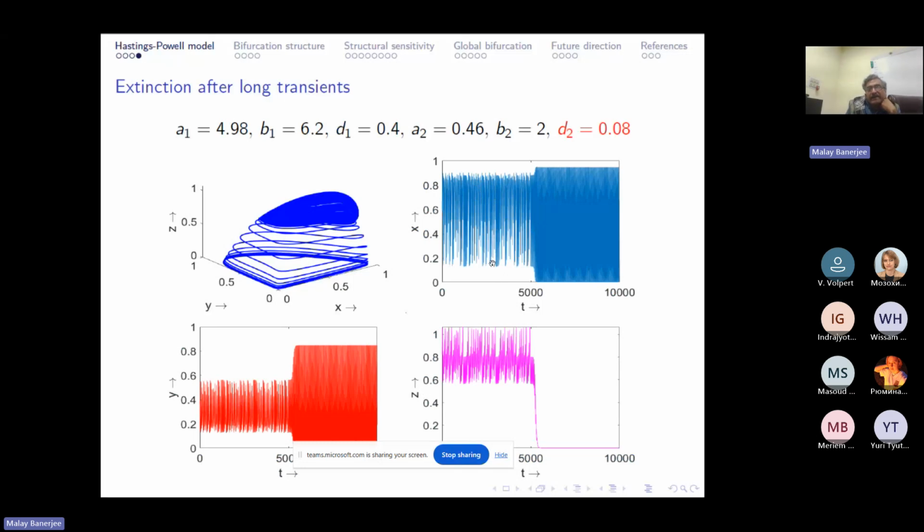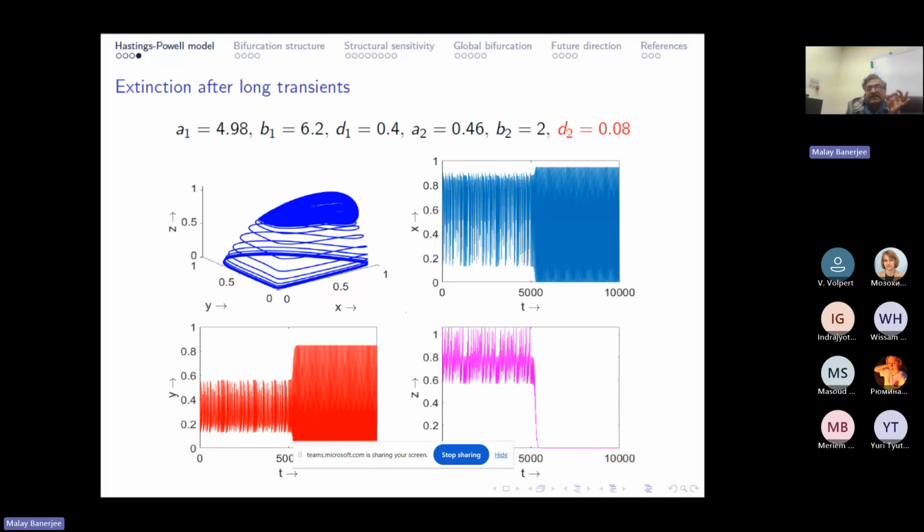What we can see is that up to t equal to 5000, there was no indication of possible extinction of the top predator. But if we perform our numerical simulation for a longer time, beyond 5000, we can see all of a sudden this trajectory starts moving downward and the top predator goes to extinction. This kind of chaotic behavior is not labeled as only chaotic dynamics.